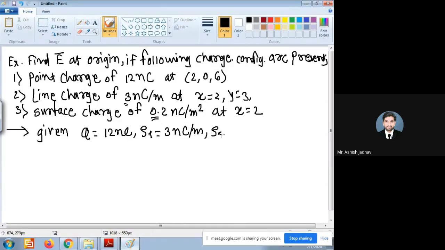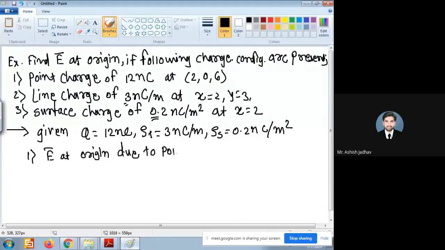Value of rho S is 0.2 nanocoulomb per meter square. These are the information that they have given. Now to proceed with finding electric field intensity E bar at origin due to point charge, you can draw origin.